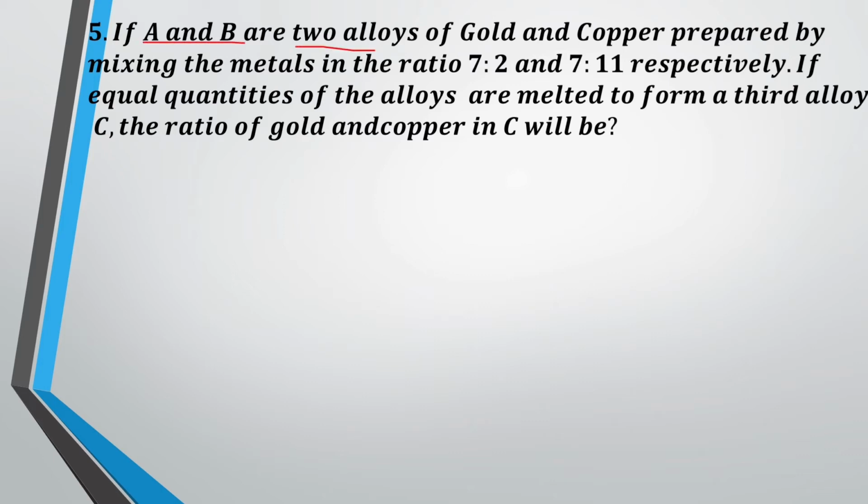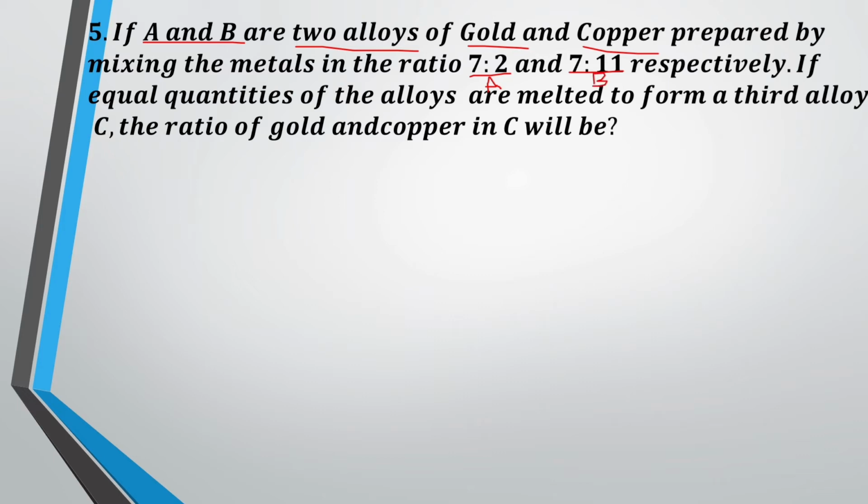So here they have given A and B as two alloys having gold and copper metals in them, and the ratio of gold and copper in A is 7 is to 2. So here in A we have 7:2, and in B alloy we have the gold and copper ratio as 7:11.